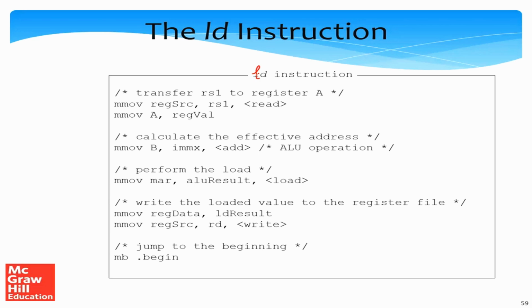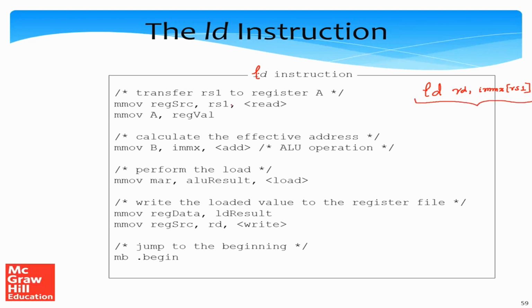So the load instruction works like this, that the format of the load instruction is that we actually write to a destination register and we have an immediate which contains the offset, and RS1 is the base register. So this is the format of the load instruction.